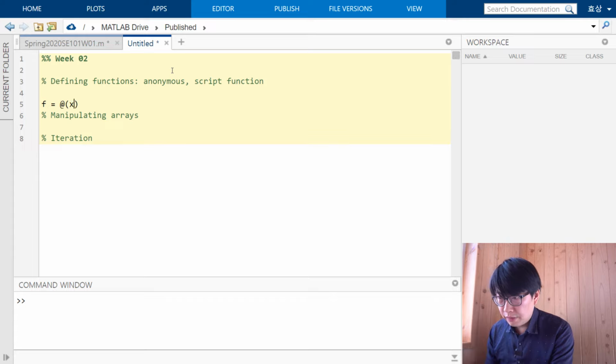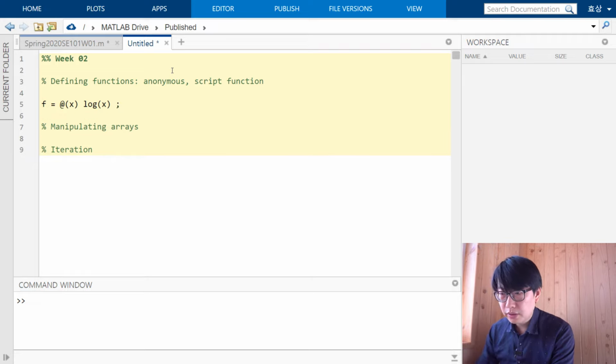Suppose that you want to define a one variable function defined as log x. You can use this syntax. So f is the name of the function that you're going to use, and the at symbol defines which symbol is used for the variable of the function.